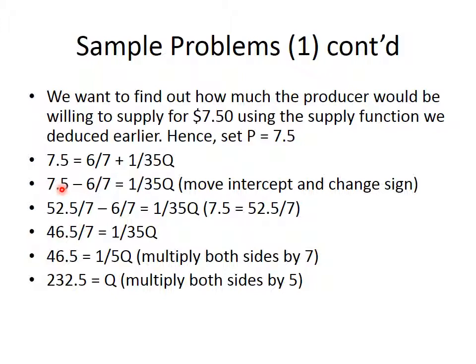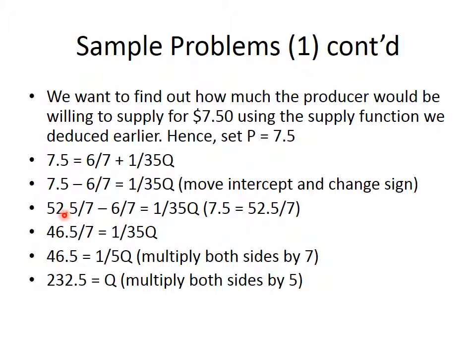Okay? Well, in order to be able to add two fractions together, you have to find a common denominator. We'll use sevenths as a common denominator. So we have 6/7, which is our intercept, which we brought over. Question is, how many sevenths is 7.5? 52.5 sevenths. I know, it's something you haven't seen very much.